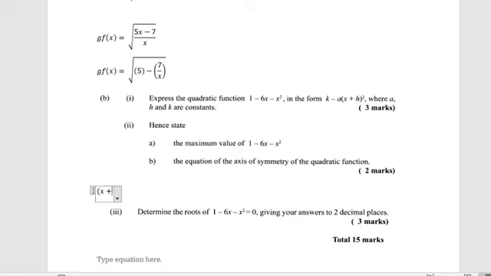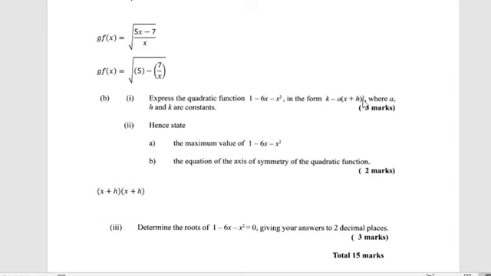So what we'll have is x plus h squared, which I'm just going to write out, and we're working this out in its entirety.